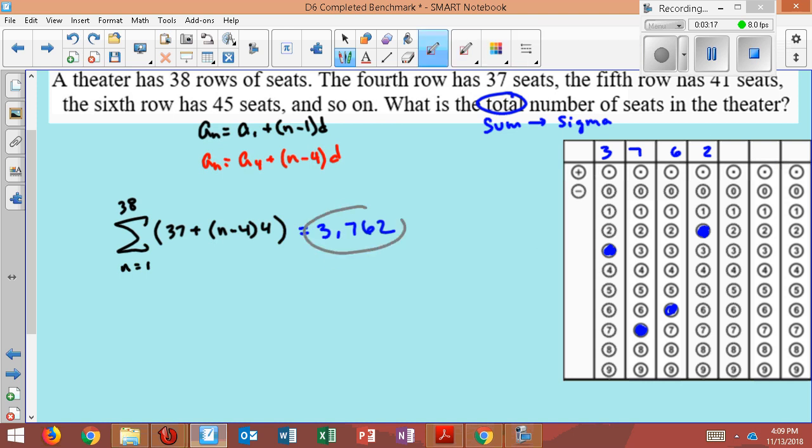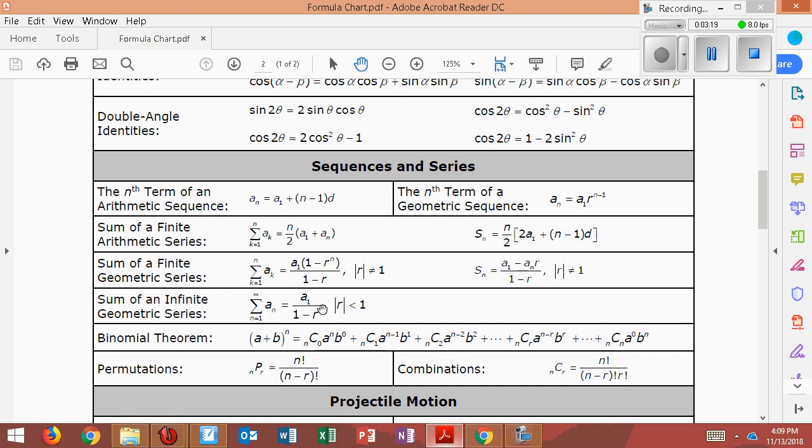Now, let's say you wanted to use one of the other formulas. That's fine, as long as you can use any one of these, as long as you find your value. So, for example, if you wanted to use this term, you would have to find the last value. This one, we'd have to find the first and multiply it, or I could use just n minus 4 here. So let's use this formula.